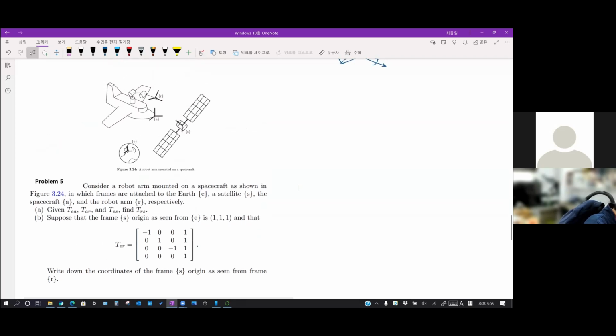So consider a robot arm mounted on the spacecraft shown in figure 3.24, with a frame attached to Earth E. There is the Earth frame here, the satellite frame S, the spacecraft frame A, and the robot arm frame R here.